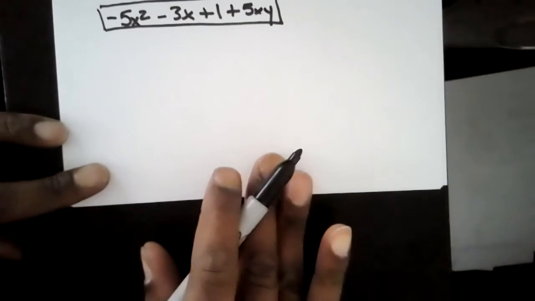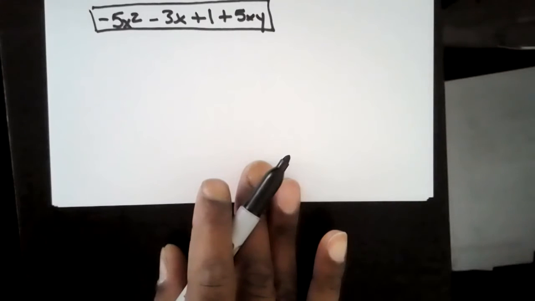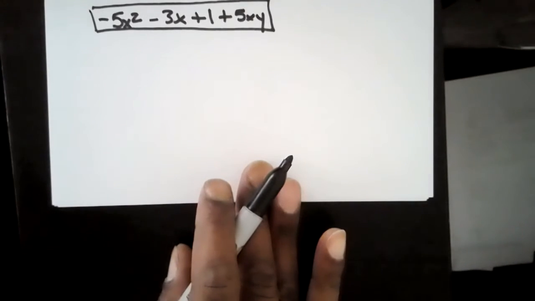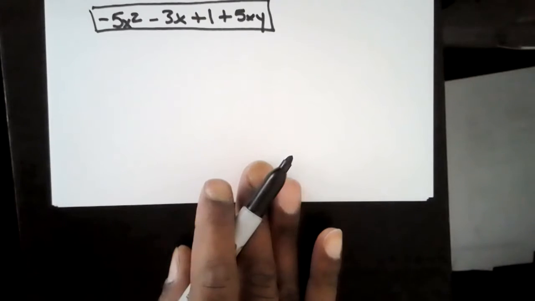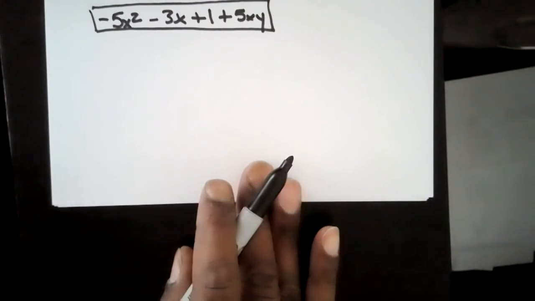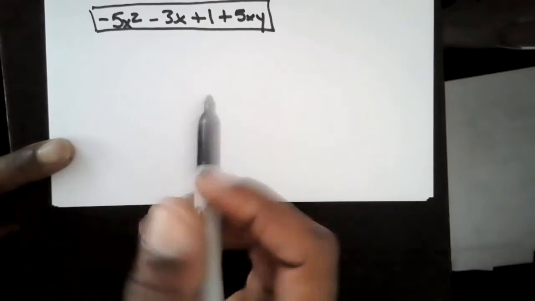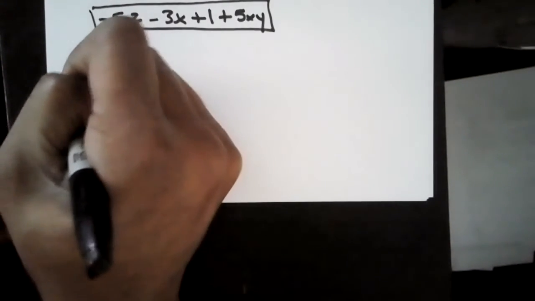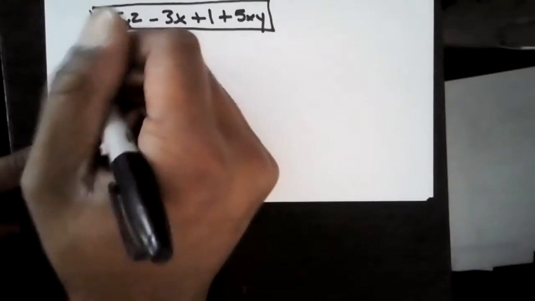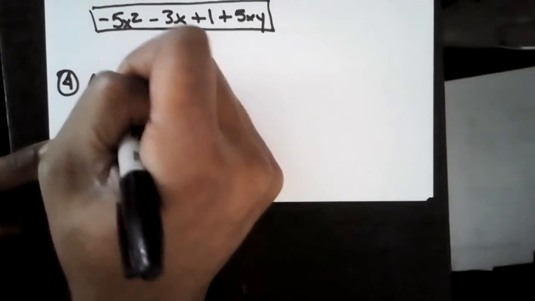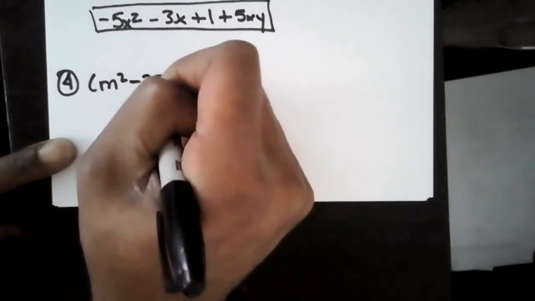Going on to number 4, which says, select an expression that is equivalent to m squared minus 25. We're going to rewrite the question. M squared minus 25.